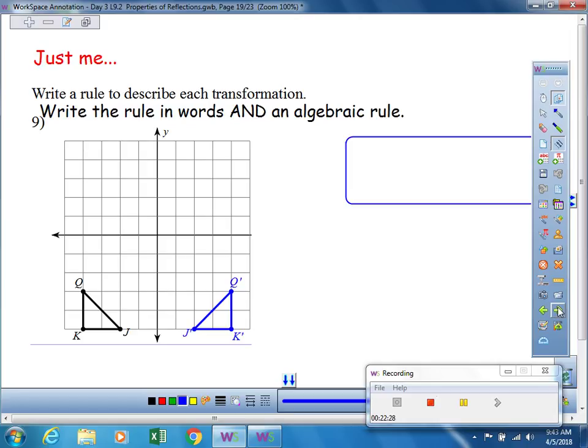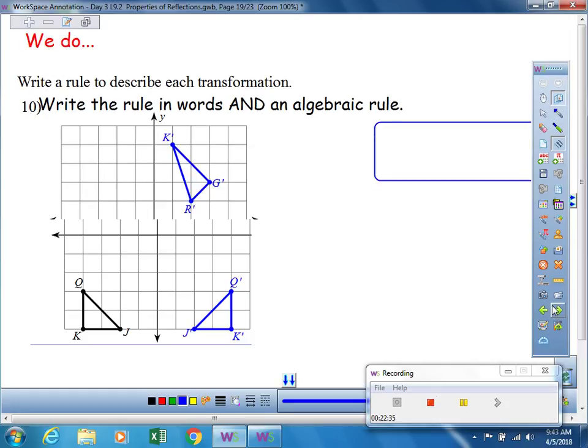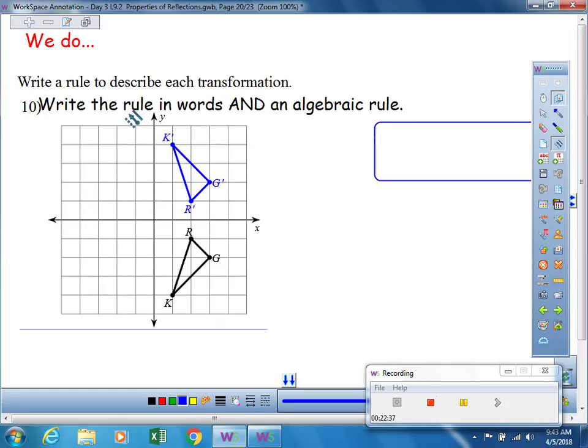All right, now we're going to do this one. We're going to do the rule in words and the algebraic rule. So the easiest is to start with the rule in words. Look at this figure. Which axis would you highlight that it went over? X. You would highlight this.